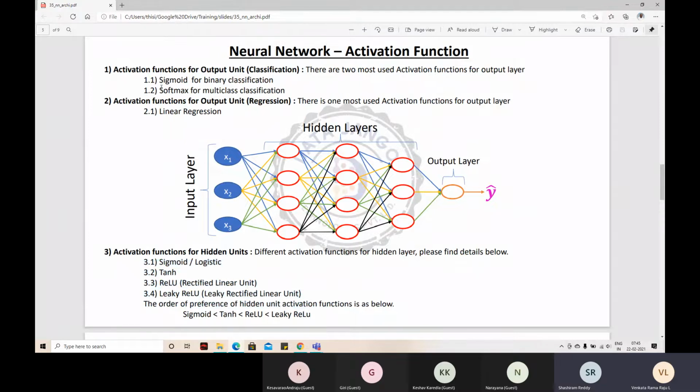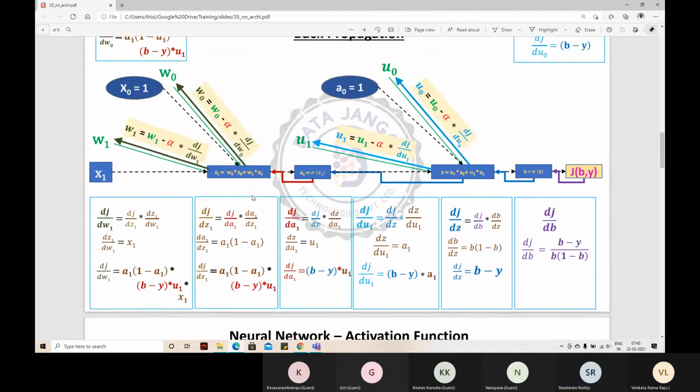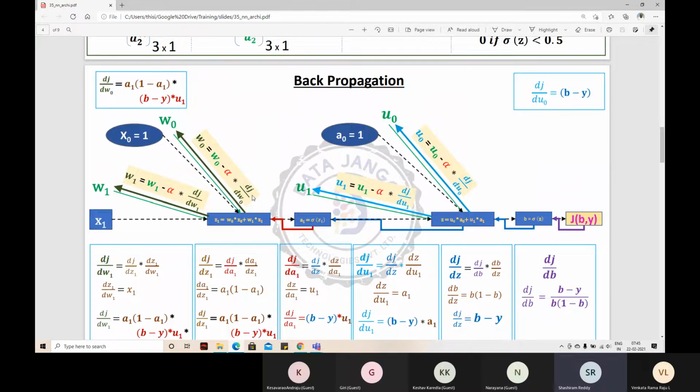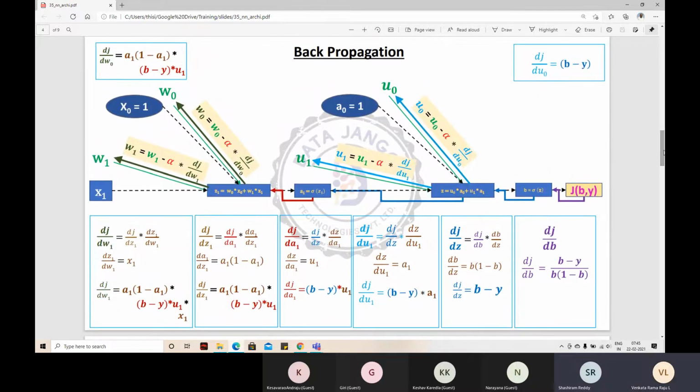Yes, sir. Before going here, sir, can you please go back once? So here the back propagation. The calculation starts from the back, right? It starts from the output layer. It actually checks for the cost.